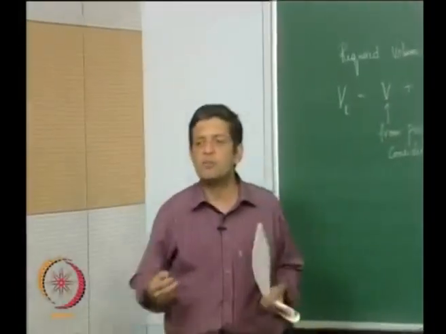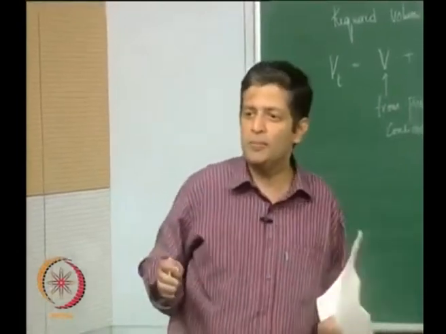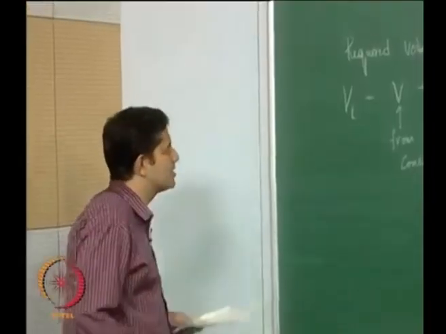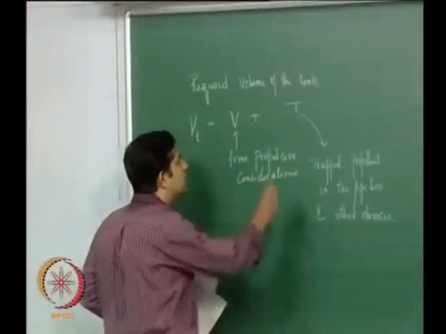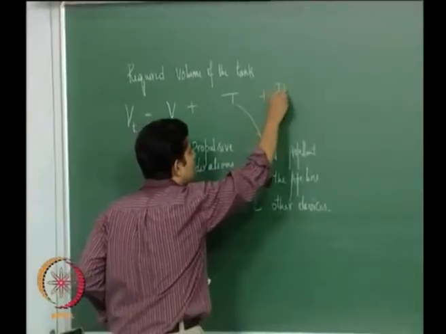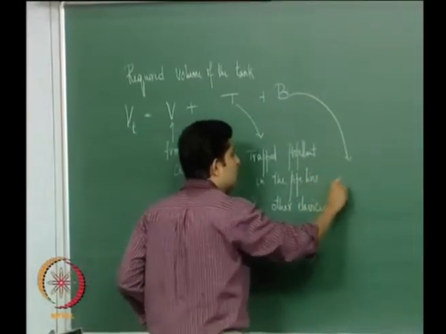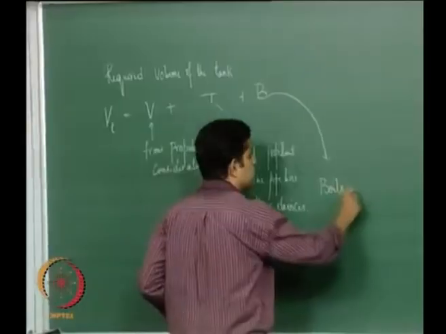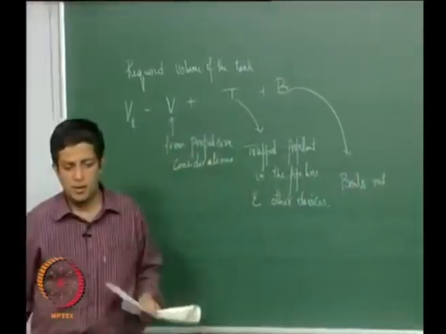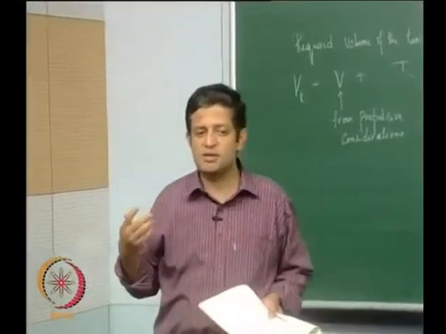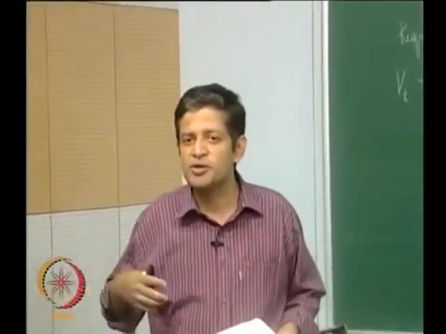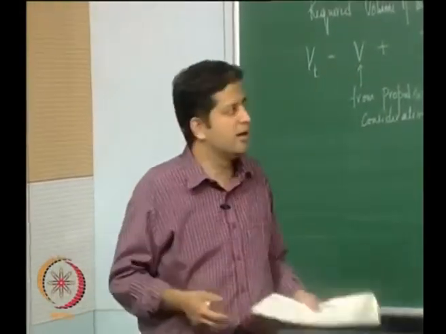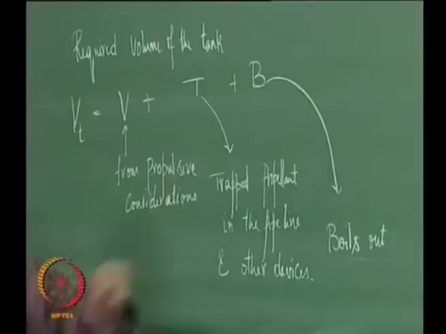Even in the tank you will not be able to expel out all the propellant, there will be a small fraction of it that will be left unexpelled. So this is that. Then a certain portion of the propellant boils out, that is depending on whether it is a cryogenic, this fraction will be a larger fraction because the ambient temperature is much higher than the propellant temperature. So this boiling will be higher in a cryogenic propellant.